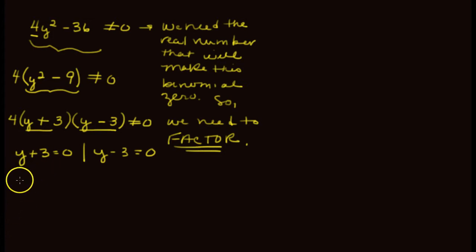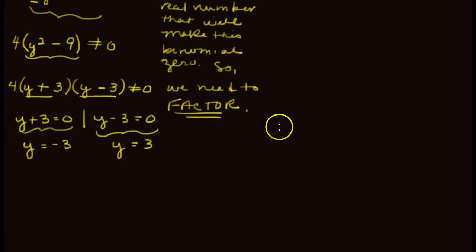So for this binomial to be 0, y is going to have to equal negative 3. And for this binomial to be 0, y is going to have to be 3. So in terms of which numbers cannot be used in the domain, those numbers are going to be negative 3 and 3.